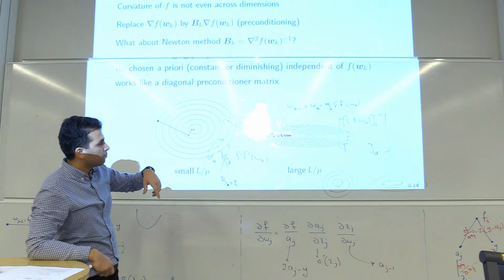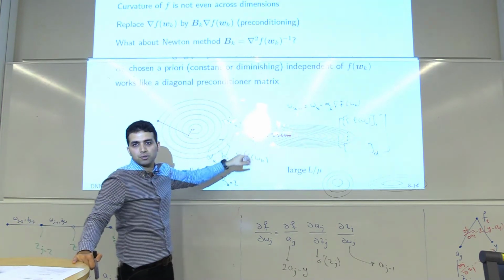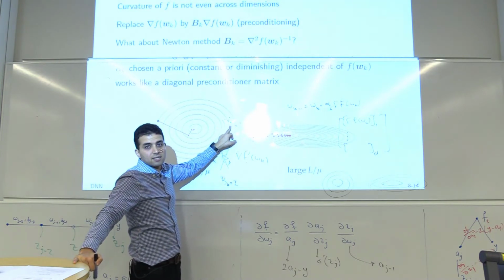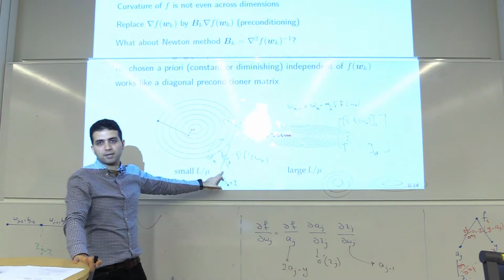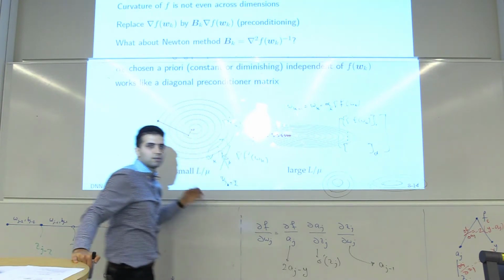So this is one more important reason why you should treat them individually. Of course, you can just say that this alpha is constant, or diminishing, or whatever. It just doesn't matter as long as you do this preconditioning. But if you don't have this preconditioning, this is the least that you can do.